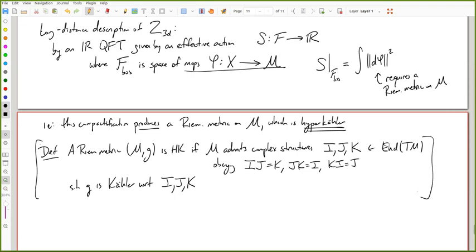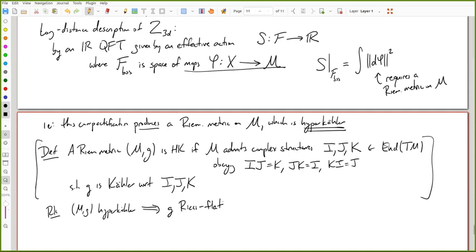And so these are relatively rare and unusual objects. So for example, saying that the space is hyperkähler implies in particular that this metric is a Ricci flat metric, which means it's the solution of some complicated PDE.